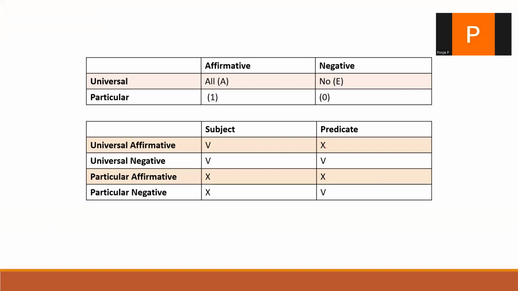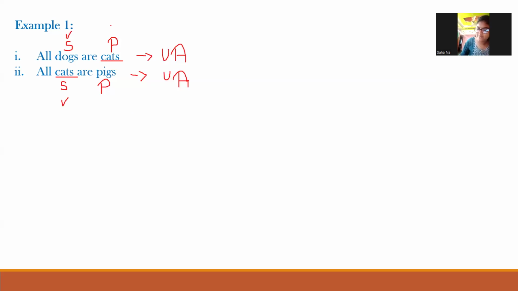Universal affirmative, predicate is not distributed. So the predicate here in both the statements, since both are universal affirmative, are not distributed. So our conclusion should consist of dogs and pigs.